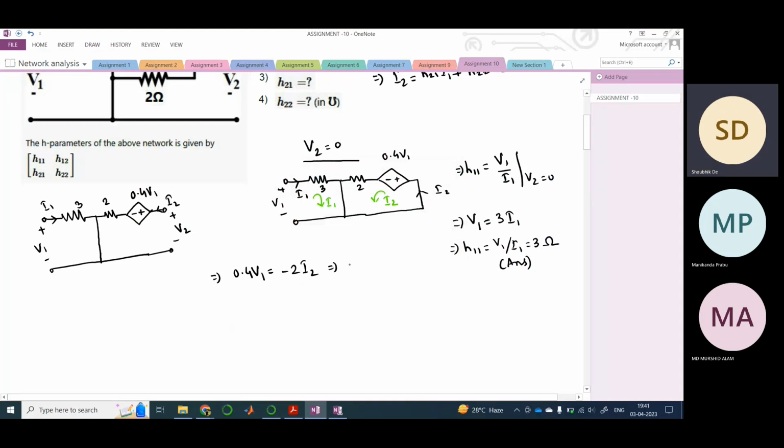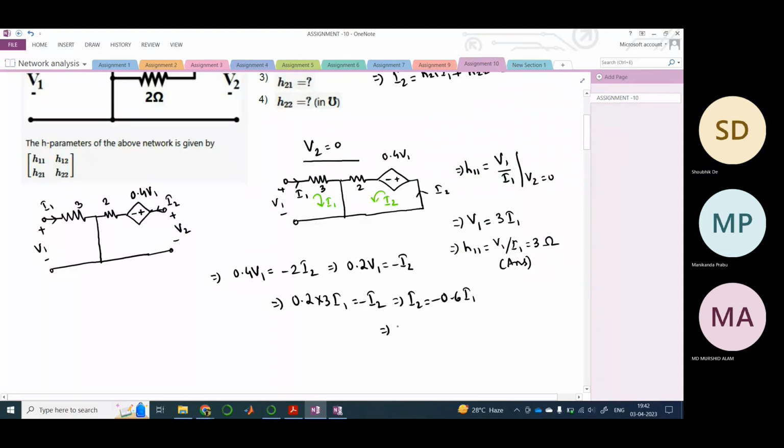So here we are getting this relation only, right? So I2 is minus 0.6 I1. So therefore, what is your H21? It is minus 0.6.